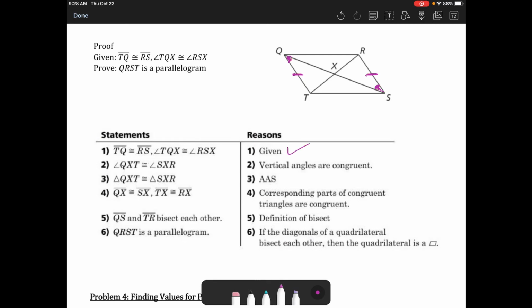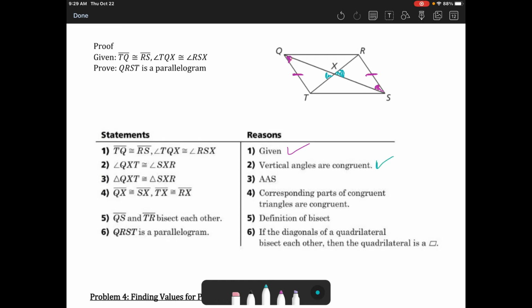So we have the given information. Angle QXT, this angle, and SXR, right here, are vertical angles, and vertical angles are congruent.